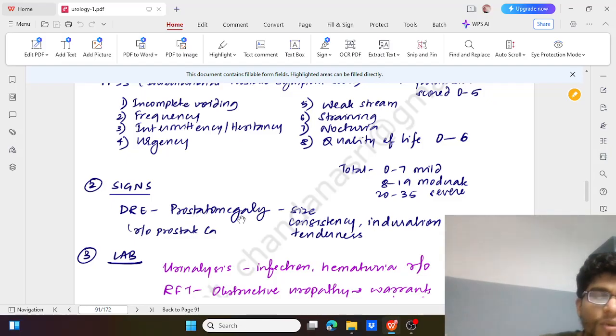In prostate, we go for a DRE, digital rectal examination of the prostate, and from that we will rule out whether there is any nodularity that will give us an indication of carcinoma prostate. And apart from that, we will be noting the size, that is grades of prostatomegaly, which can be from grade 1 to grade 4.